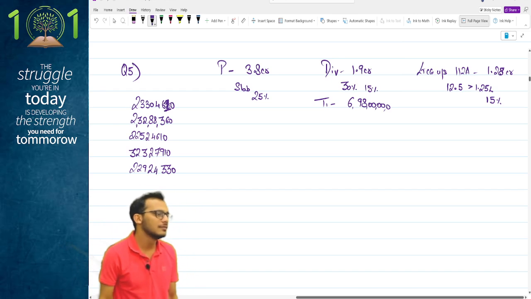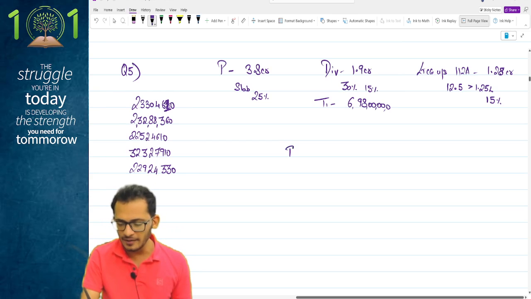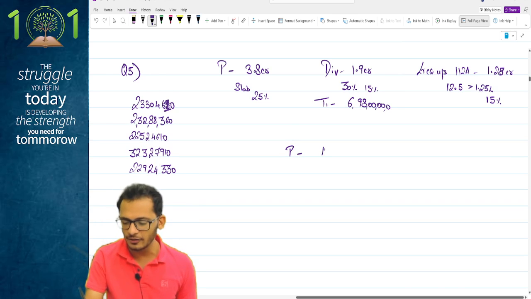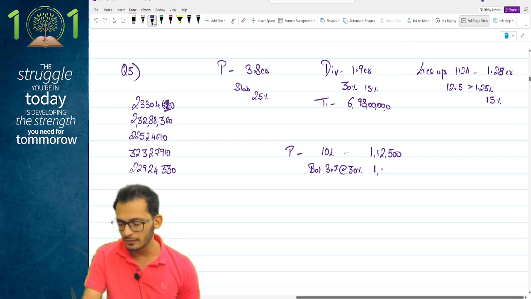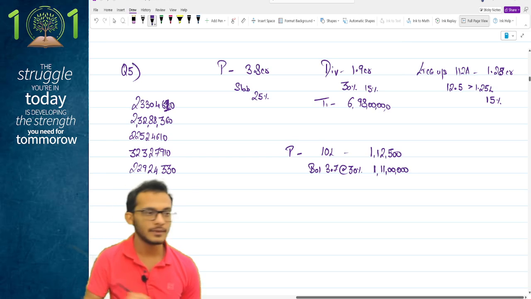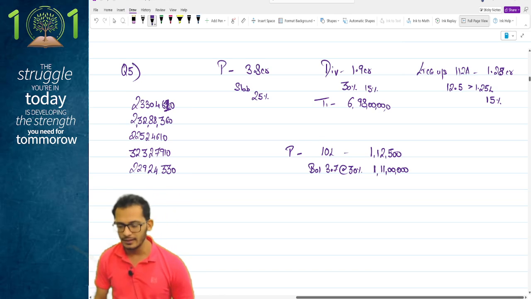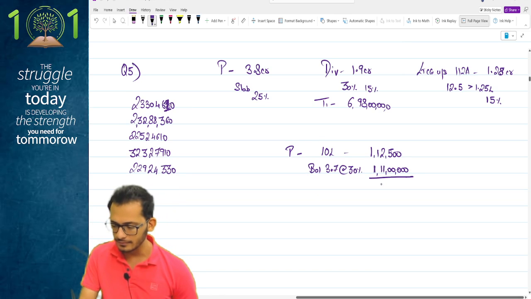Now can you do it? Go ahead. My PGBP will be done at slab rate, which means for the first 10 lakh rupees, I will tax 1,12,500. For the balance 3.7 crores, I will tax at the rate of 30%. Number becomes 1 crore 11 lakhs. Then total is 1,12,12,500.